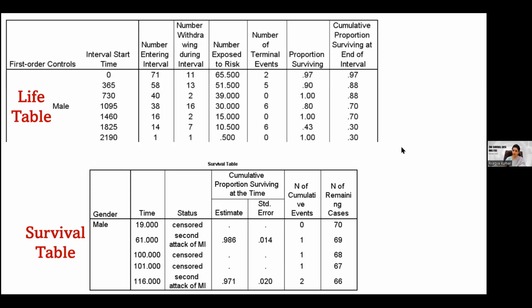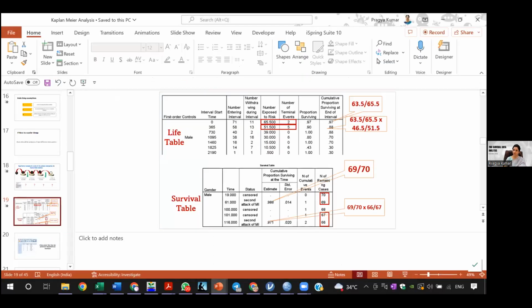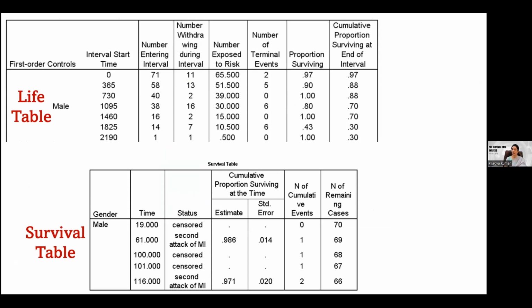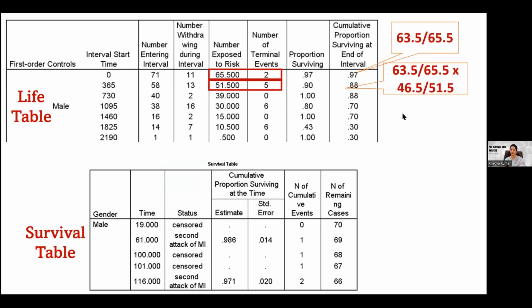So if you see, in case of a life table, how do we do? Basically, we first take that 50%, because we take it as for a period. So for this, you can see that we took this 2 by 65.5. So this will be the event.